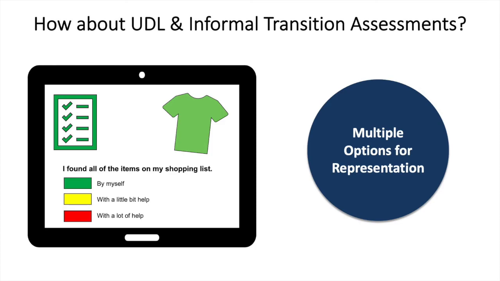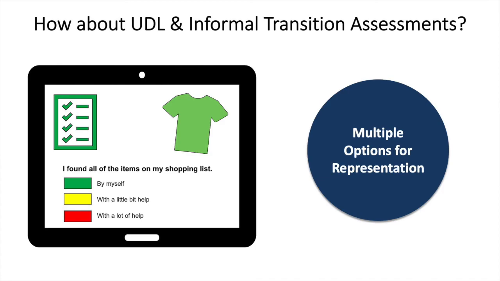So some ways that we can ensure that our assessments in the transition planning process provide multiple means of representation are to check them for comprehensible language, appropriate vocabulary, and unnecessarily complex sentences. We could use tools like readable.com or Grammarly to check the readability.